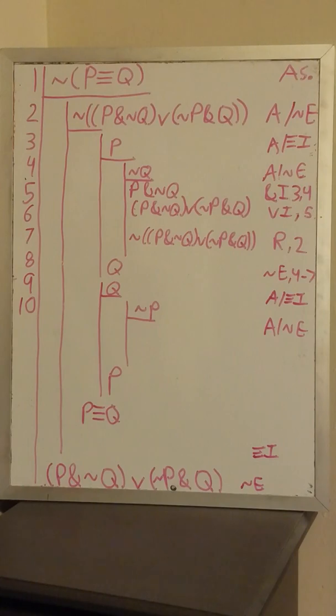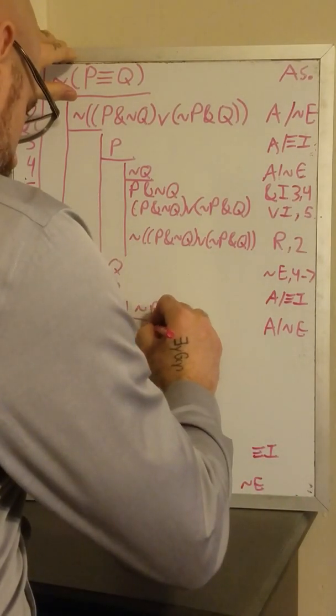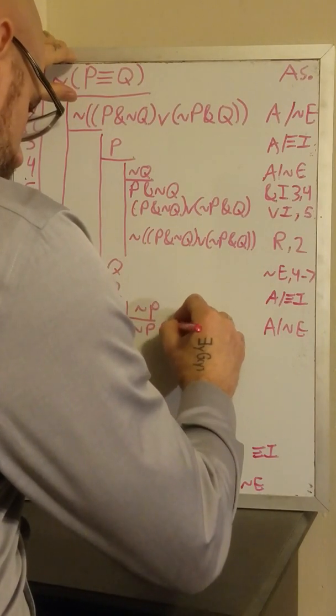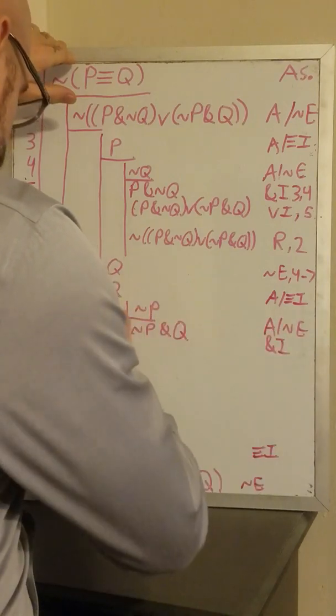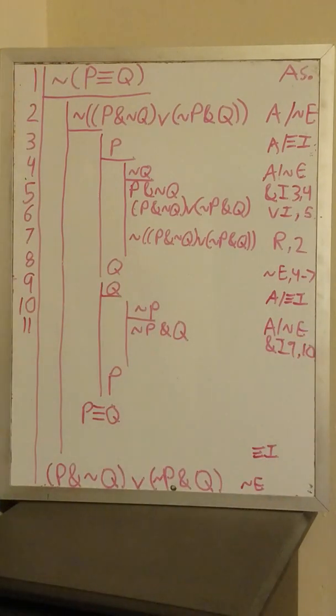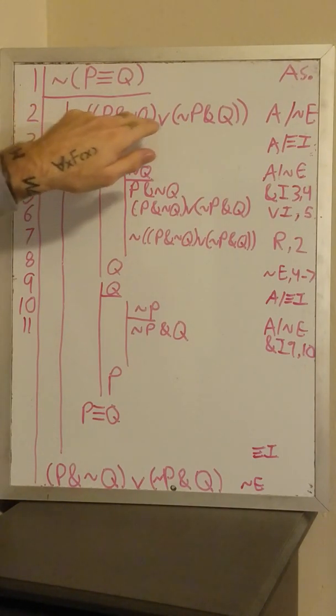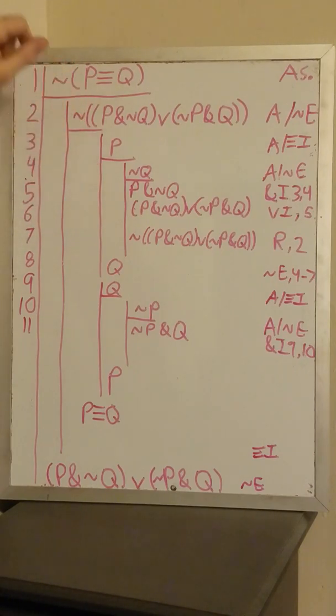All right, it should be pretty obvious where this is going now. On line 11, we're going to put not P and Q together with the conjunction. Now we're going to use disjunction introduction again to get the opposite of this.